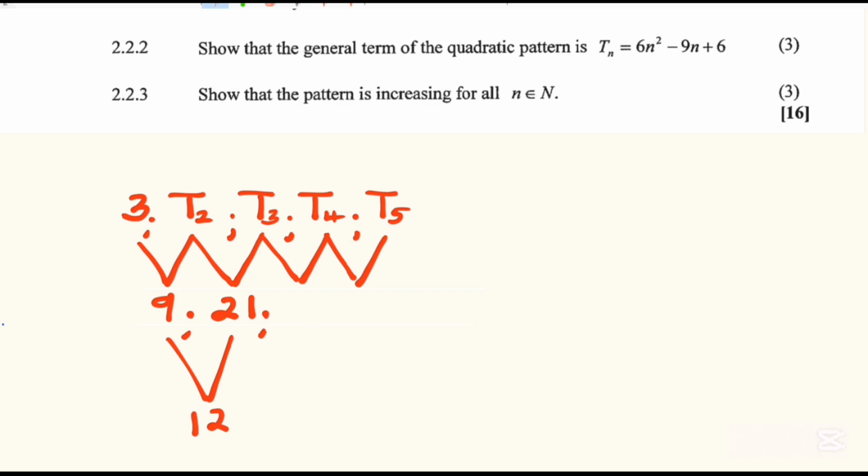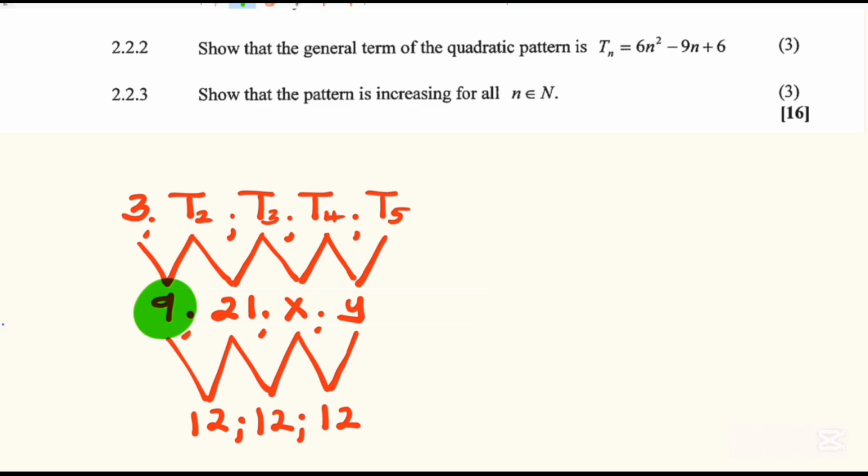And we denote term number 4 minus term number 3 with the letter X, and term number 5 minus term number 4 with the letter Y. So X minus 21 will be equal to 12, and Y minus X will also be equal to 12, since we have a quadratic number pattern. And here we can realize that 9 plus 12 will be equal to 21.